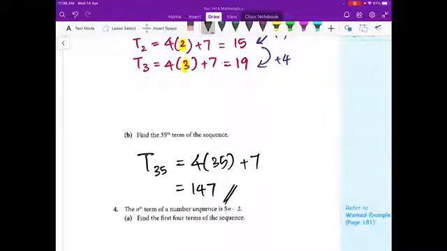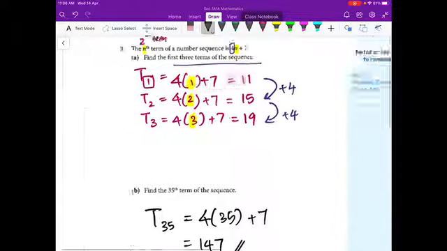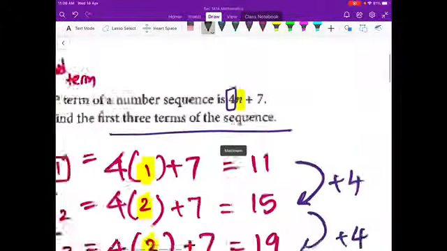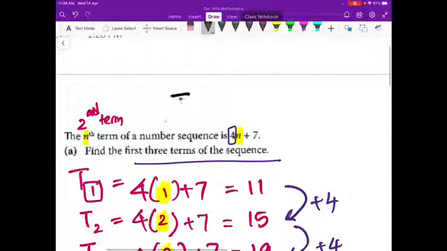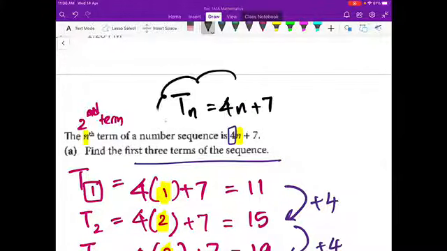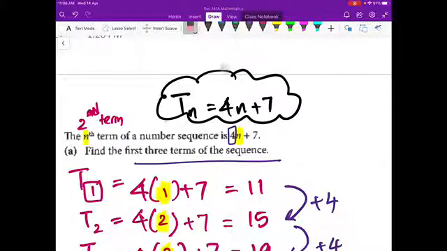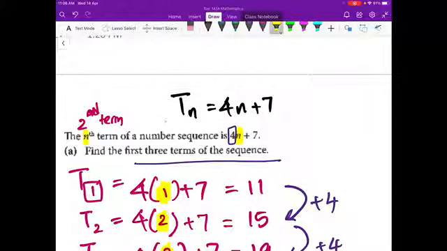This little number at the bottom is the n value. So actually, you can write on this question, Tn. Everybody just write it down now. Tn equals 4n plus 7.